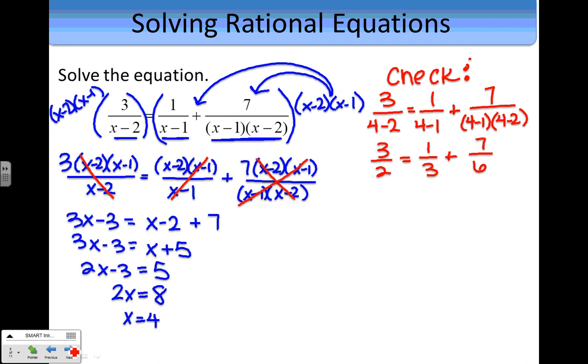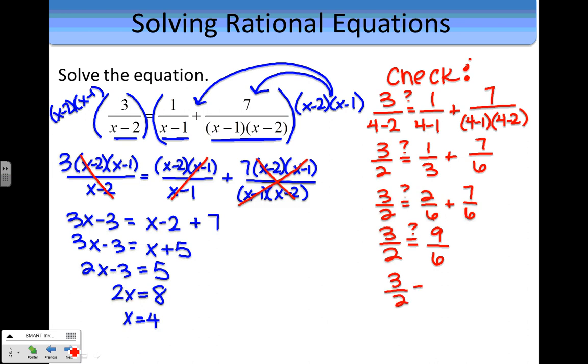We need a common denominator to add that together on the right side. So I get 2 sixths plus 7 sixths. We're asking, do these equal each other? Does 3 halves equal 9 sixths? Yes, because I can simplify 9 sixths to 3 halves. So my answer, x equals 4, doesn't make my denominator 0, and when I plug it back in, it makes the equation true.